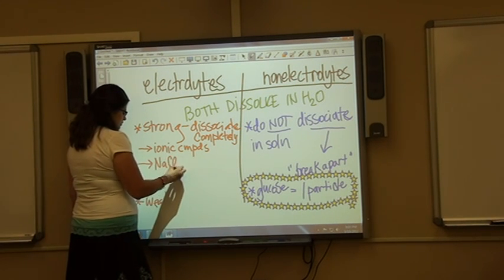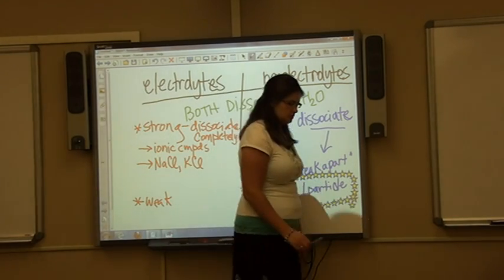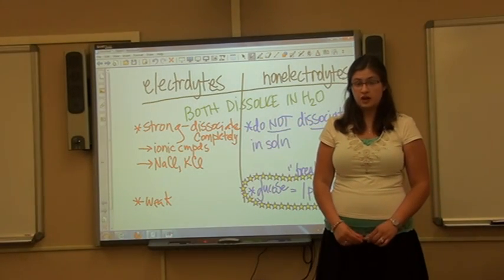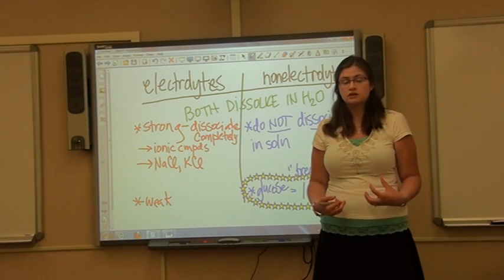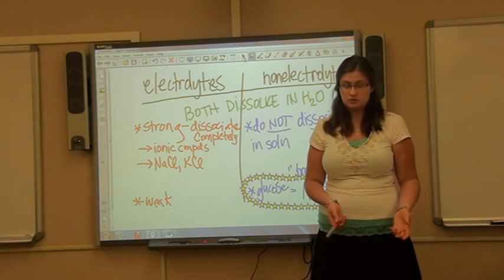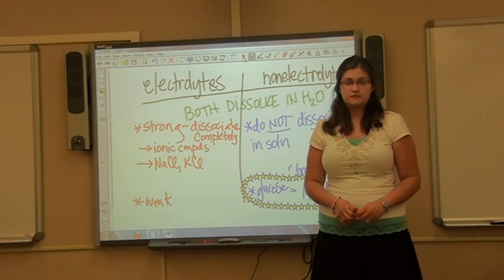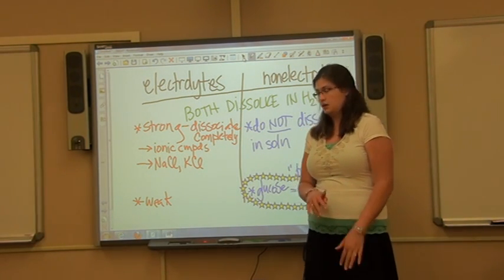Sodium chloride, potassium chloride. Sodium and potassium are two very important electrolytes that need to be in your body. You need to consume a certain amount of sodium and potassium within the right ratios in order for your body to function properly. That's biochemistry. We're not going to get into that today.